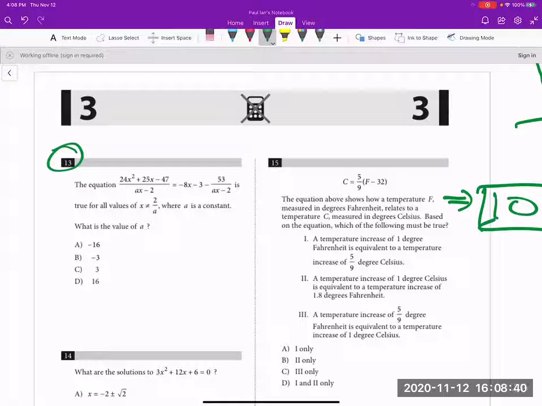All right, so this one, you have this equation, and it's true for all values x that's not equal to a, where a is, what is the value of a? All right. So let's look at this. Let's see. So -8x - 3 with remainder.